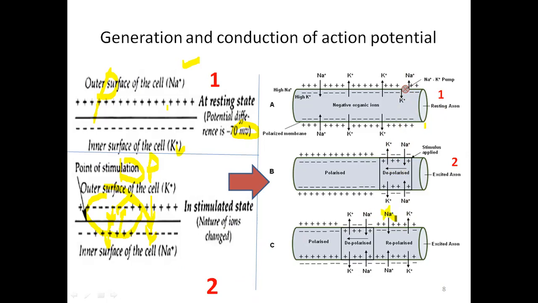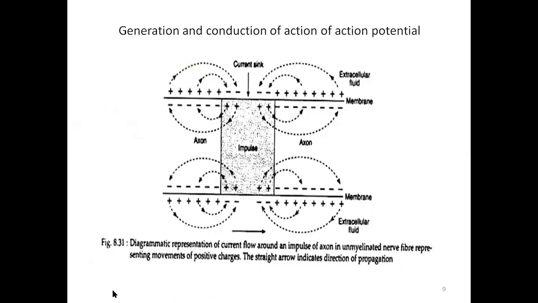Simultaneously, there is closing of this sodium channel, and potassium ions start moving out. Continuous leakage brings about repolarization. Further, if it continues, it brings about what is known as hyperpolarization. Okay, so that is how the axonal conduction occurs.